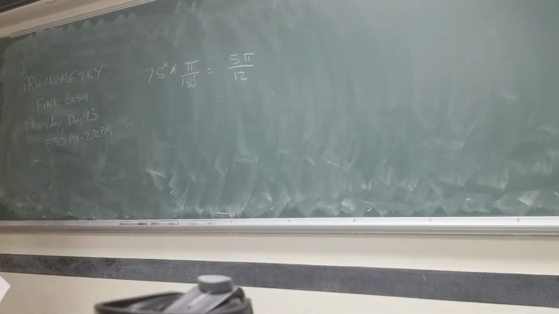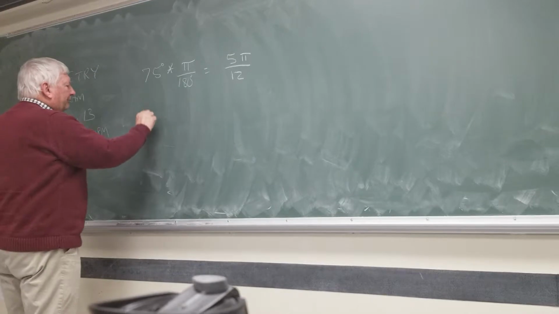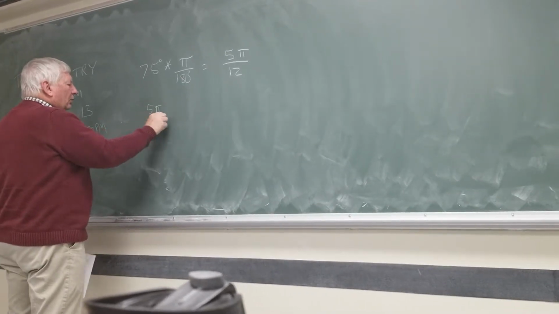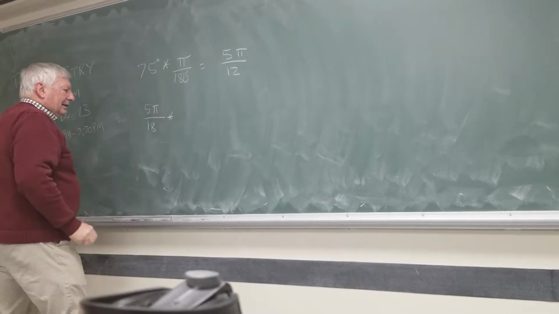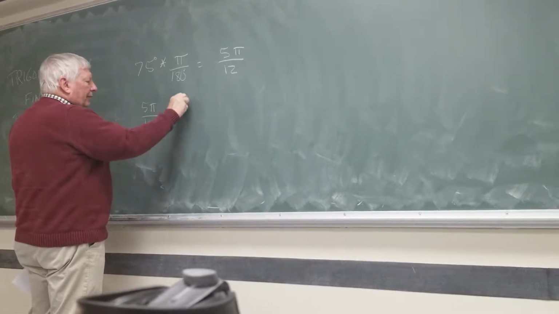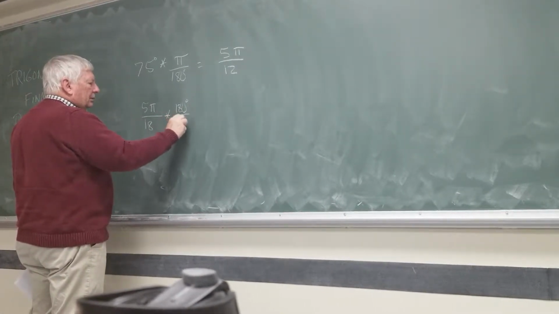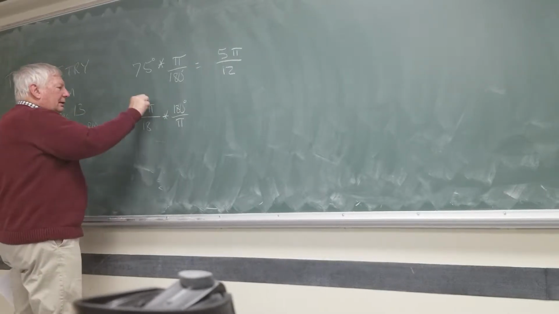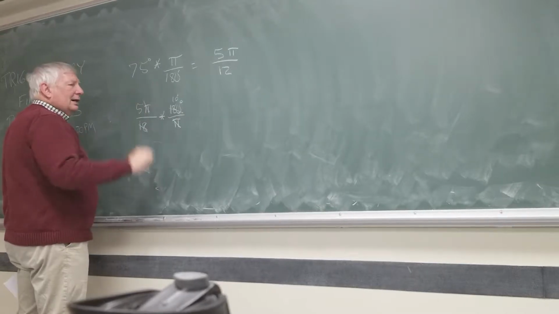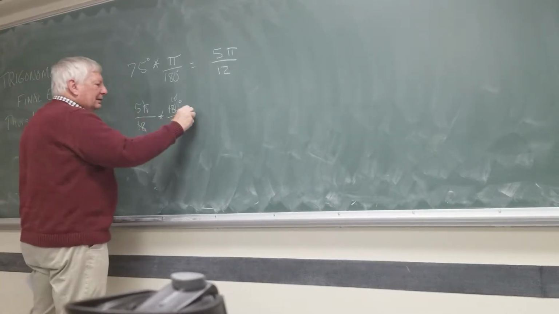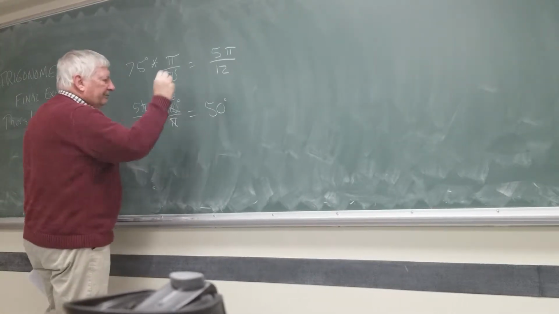And going the other way, convert 5 pi over 18 into degrees, using 180 degrees per pi radians. Pi divides, 18 goes into 180 ten times, and 5 times 10 is 50 degrees.